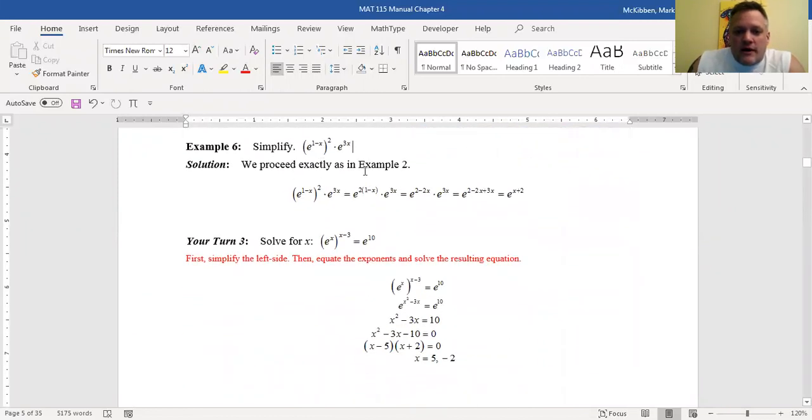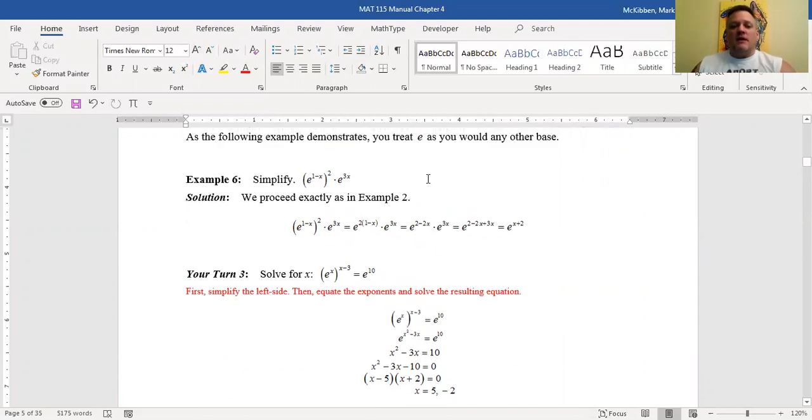Now, if e is just a number, you're just going to apply the same exponent rules that you would normally, right? So to simplify this, first I'm going to write this as a power to a power. And so I'm going to multiply the powers to get e to the 2 times 1 minus x.